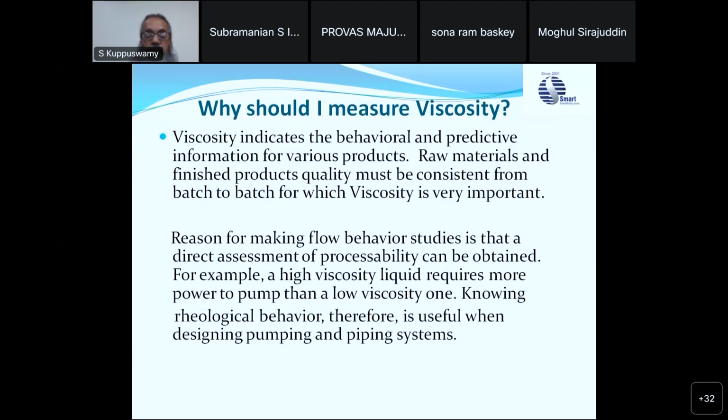And also, a reason for making flow behavior studies is that a direct assessment of processability can be obtained. For example, a high viscosity liquid requires more power to pump than a low viscosity one. Knowing rheological behavior is therefore useful when designing pumping and piping systems.